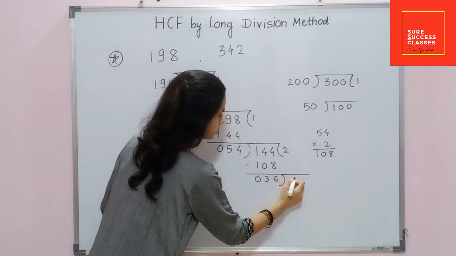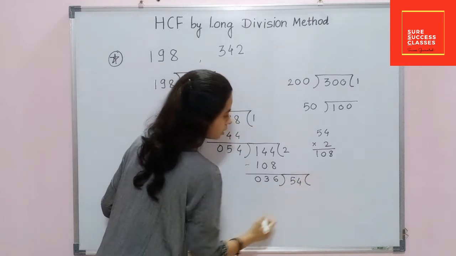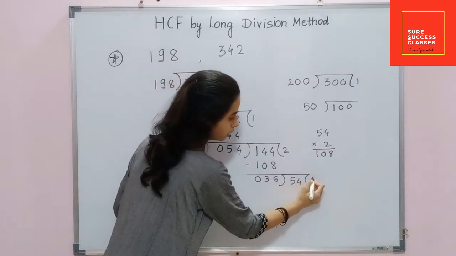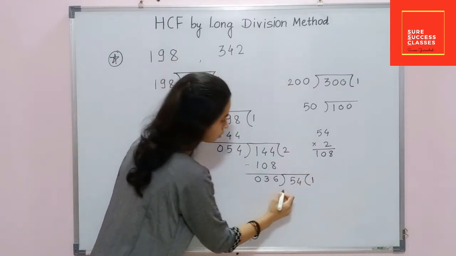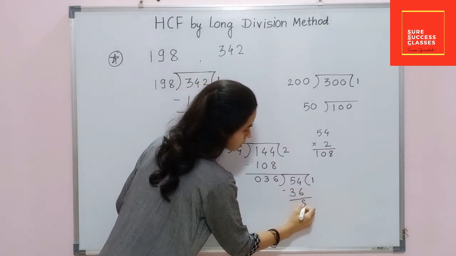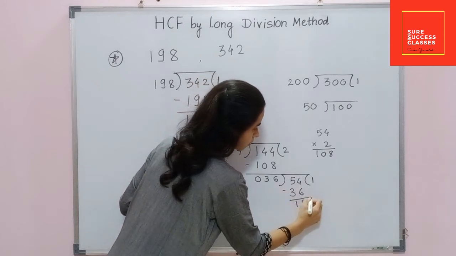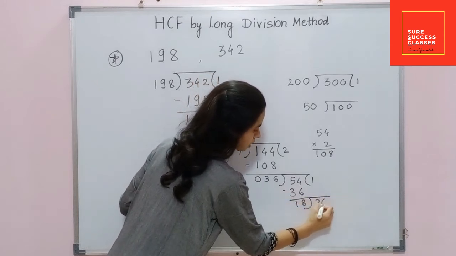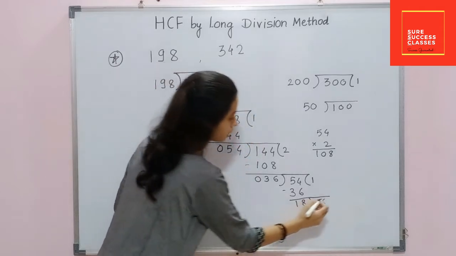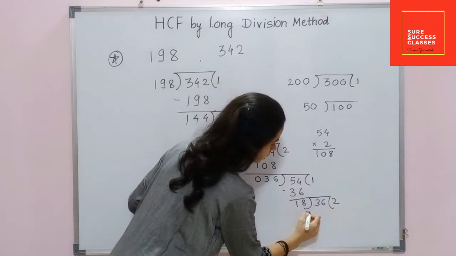We will divide this 54 by 36. 36 goes only one time in 54. 14 minus 6 is 8. 4 minus 3 is 1. By this 18 we will divide this 36. In the table of 18, we get 36 at the second place.